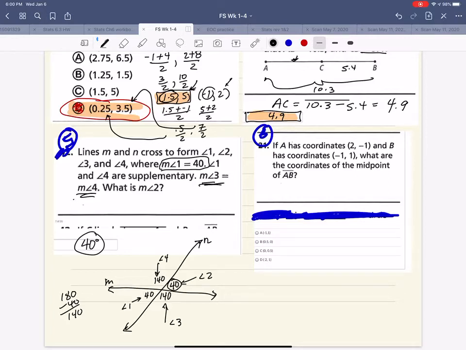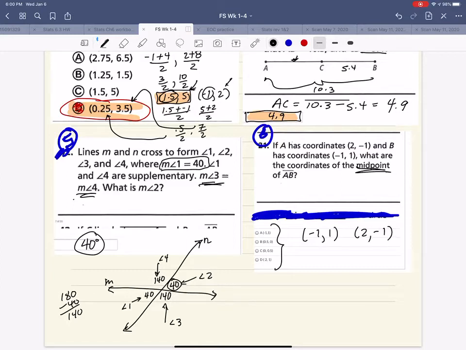All right? Cool. Now, looking at question number 6, it says A has the coordinate 2, -1, and B has the coordinate -1, 1. What is the midpoint? Okay, so I don't have graph paper here. I have some choices. Let's just use the formula, but graphing would also be good.